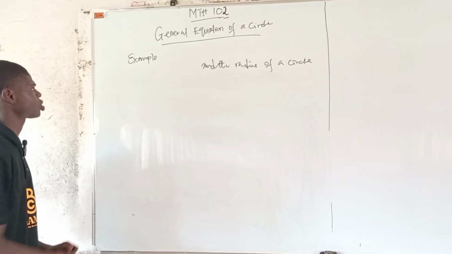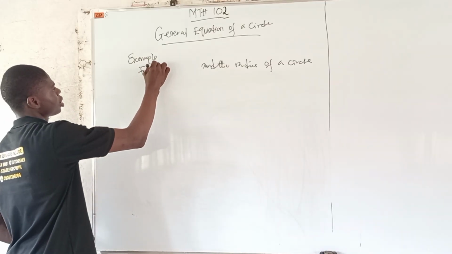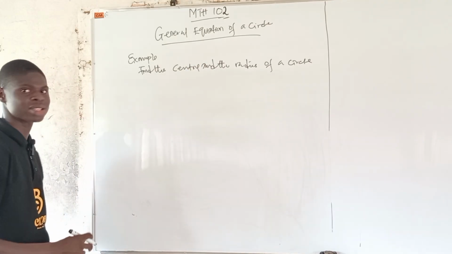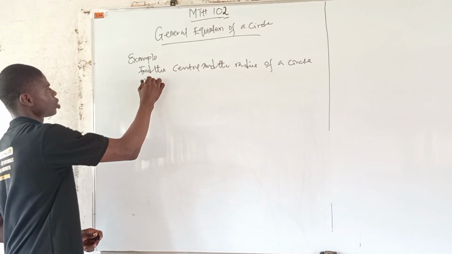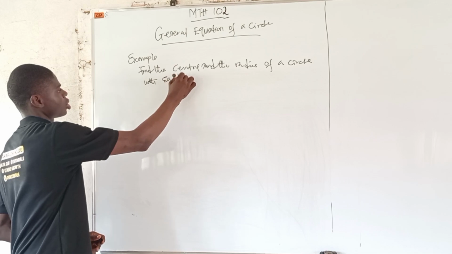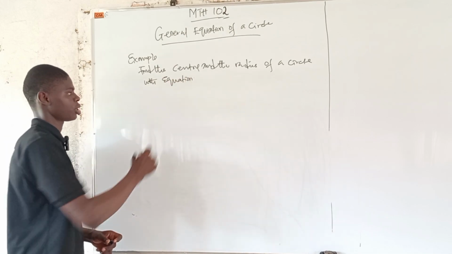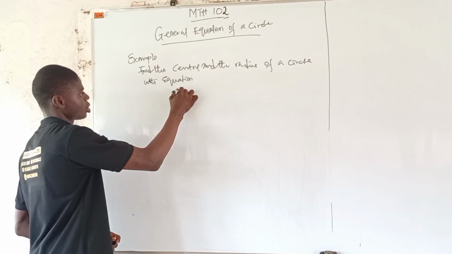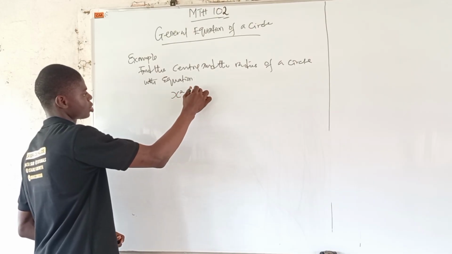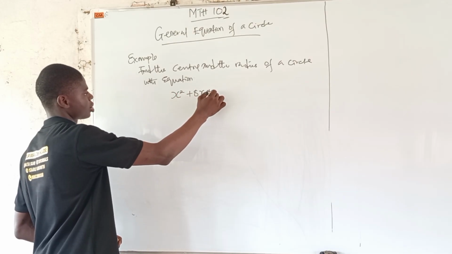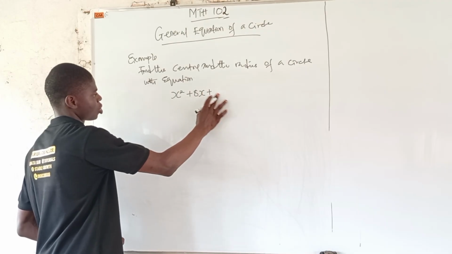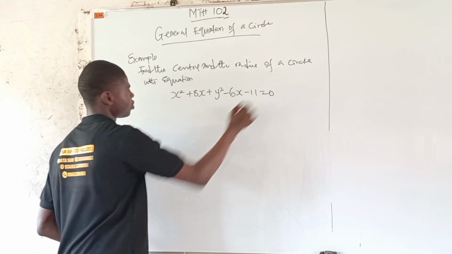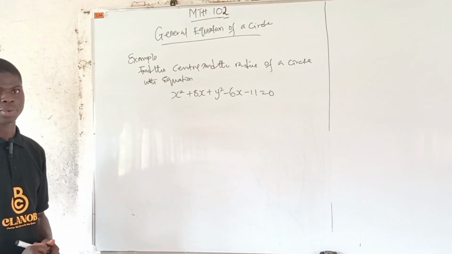Supposing we're asked to find the center and the radius of a circle with the equation given to us to be x squared plus 8x plus y squared minus 6x minus 11 equals 0.